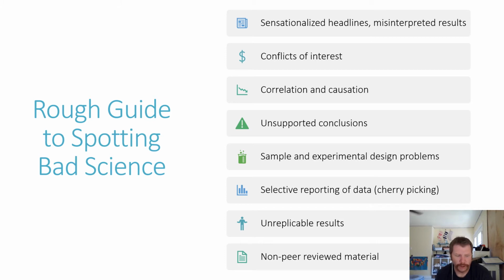You need to be clued into what to look for whenever you're presented with information, and be able to critically evaluate it and say, yes or no, this is good, or yes or no, this is bad. And so for spotting bad science, the first thing that I would say is, if any of my cousins or relatives shared it with you on Facebook, that's probably an idea of it being bad science.